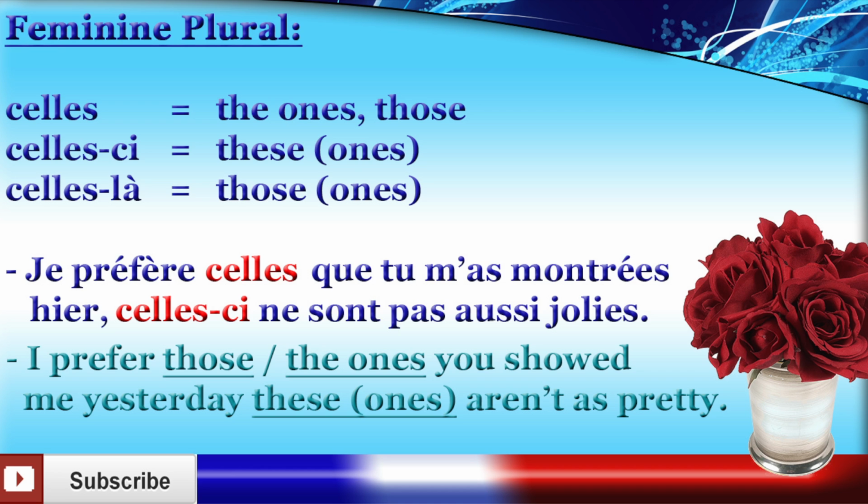So if you're replacing a feminine plural noun, you need to say celles to mean the ones or those when it means the ones, celles-ci to mean these ones or these when it means these ones, and celles-là when you want to say those ones or those when it stands for those ones. For example, je préfère celles que tu m'as montrées hier, celles-ci ne sont pas aussi jolies.